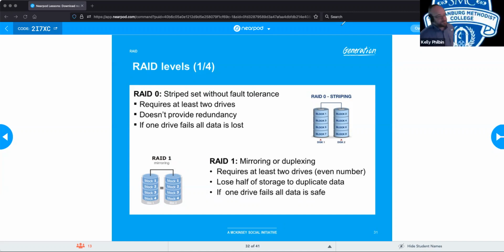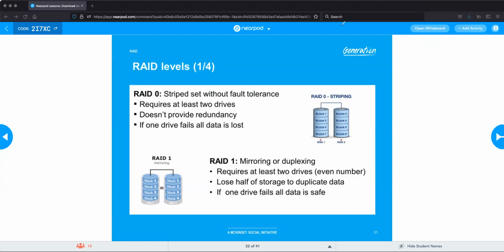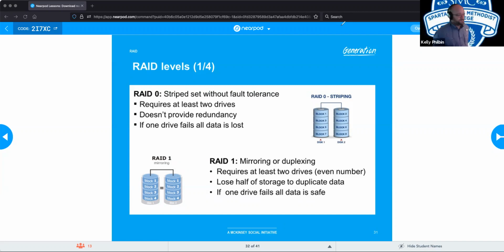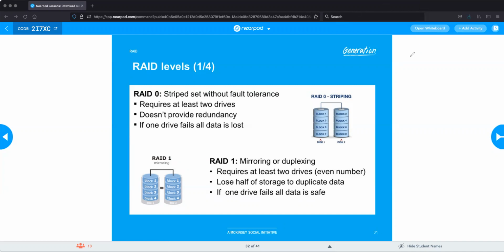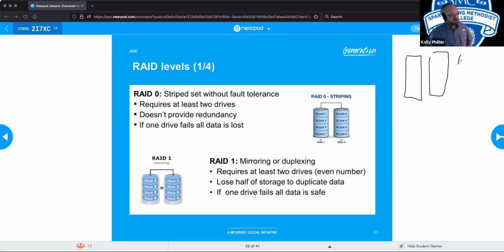So with RAID 0, how it alternates, how can you go up to, you said 7 disks, but wouldn't you need an 8th to alternate, or it doesn't matter? No, because you're not alternating.